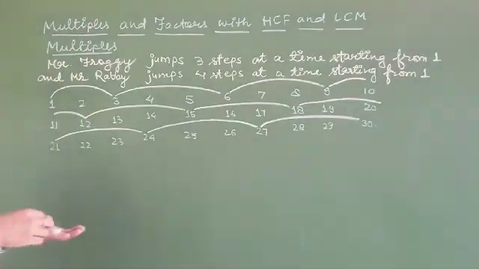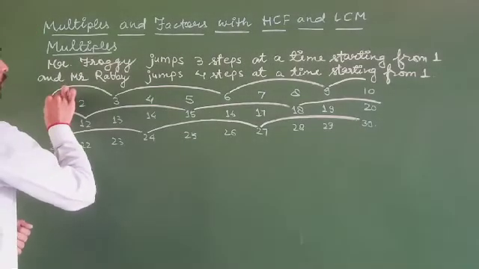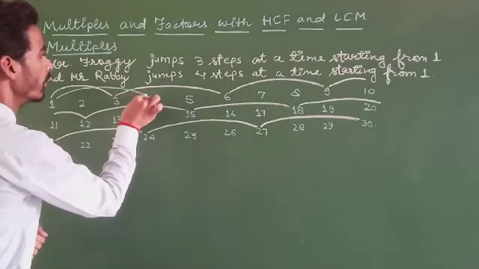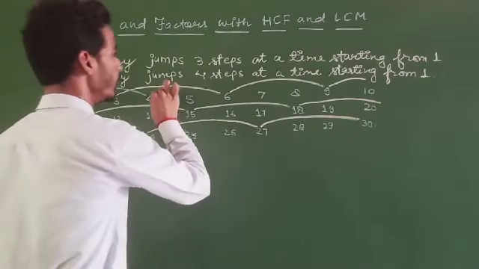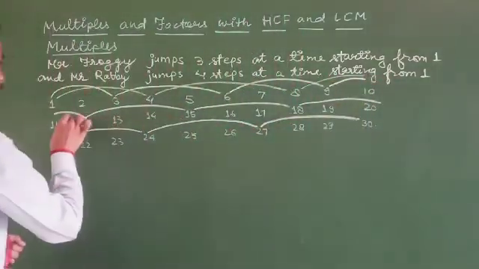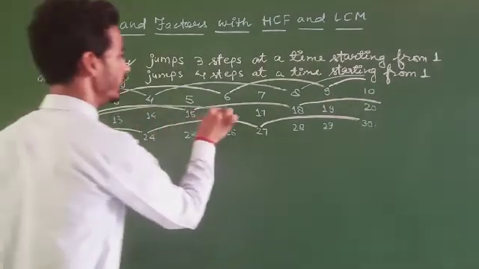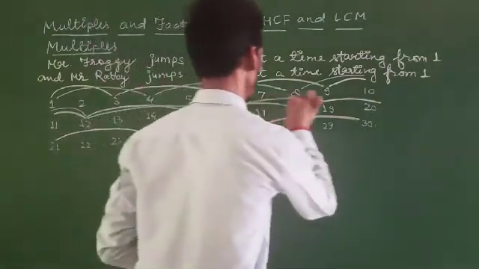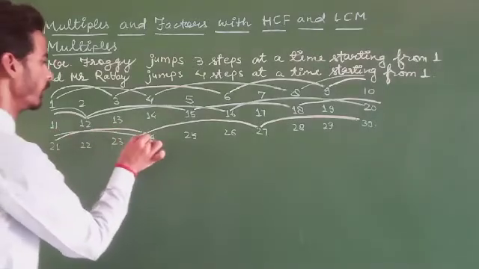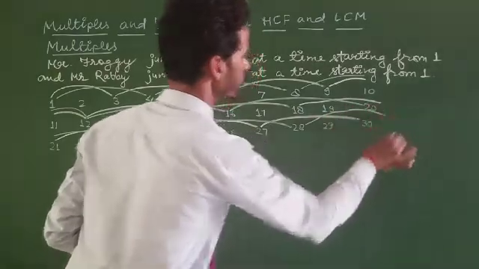And now Mr. Rabbit jumps 4 steps. So 1 to 4, 4 to 8, 8 to 12, 12 to 16, 16 to 20, 20 to 24, 24 to 28, and 28 to 30.